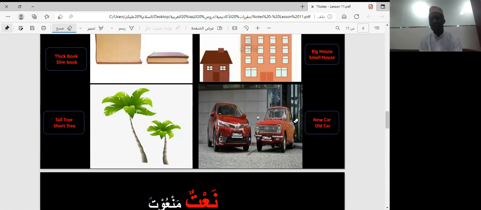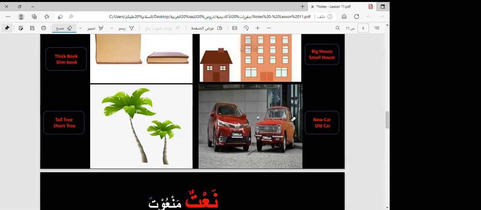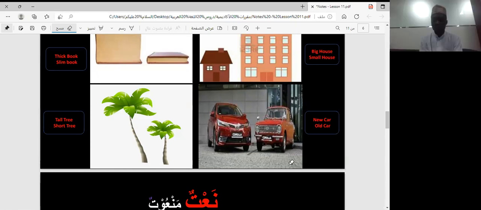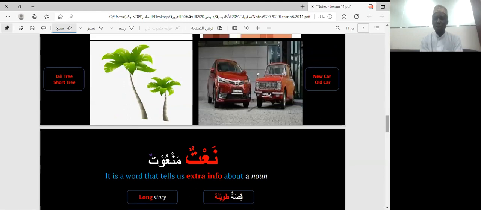Sayaratun jadidatun. How about old car? How do I say it? Old car. Nobody knows that. We have a few minutes left. Qadimatun. Sayyaratun qadimatun. You get it? Tall tree.